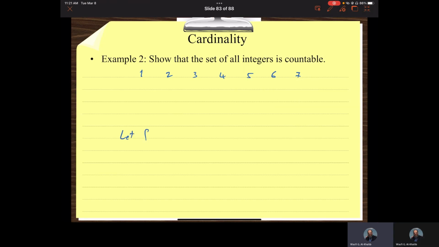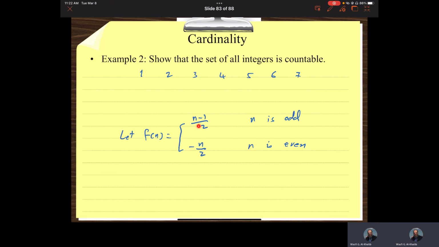Let f of n be equal to n minus 1 over 2 if n is odd, minus n over 2 if n is even. Let me ask the first question.